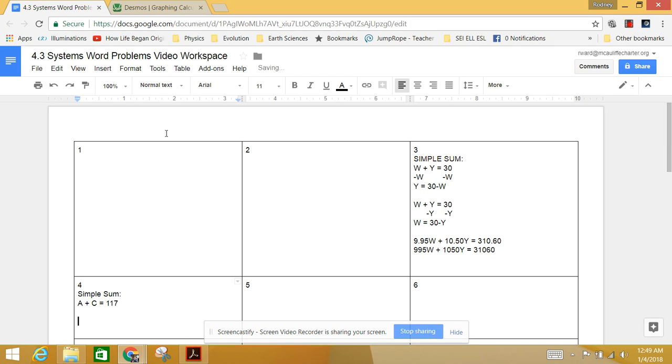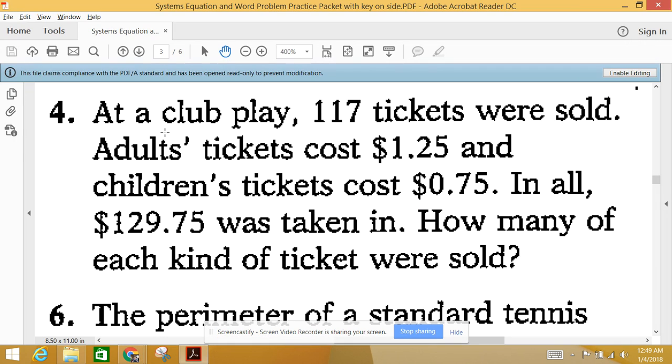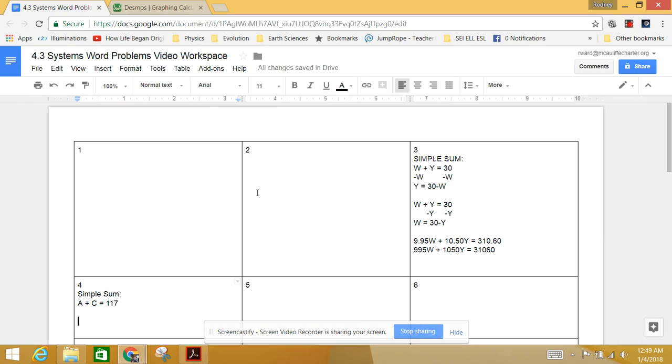Then we need to come up with the money equation, which is going to be a rates equation where it's going to be $1.25 per adult ticket times adults and 75 cents per children's ticket times the number of children, and the sum of those two products is going to equal 129.75. So here is the money and rates equation.